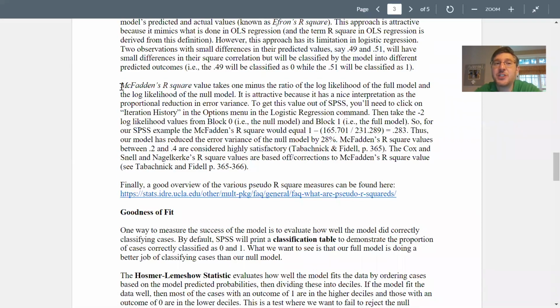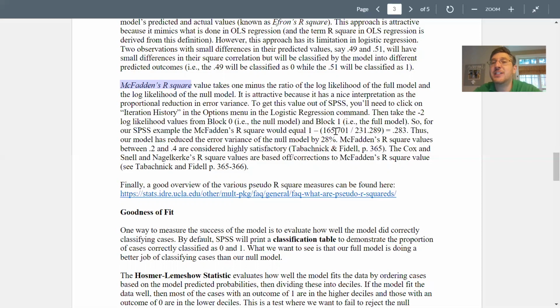Tabachnick and Fidell also talk about and advocate for McFadden's R-square value. SPSS doesn't provide this one for you, but it's really easy to calculate by hand. It's just 1 minus the ratio of the deviances, or the log likelihood, of your full model and your null model. A lot of people like this R-square value because it has a nice interpretation as the proportional reduction in error variance.